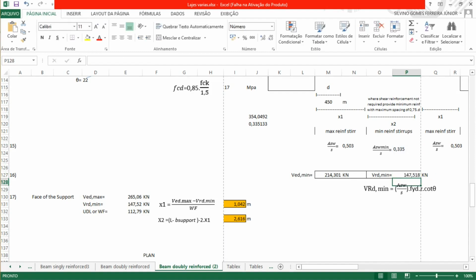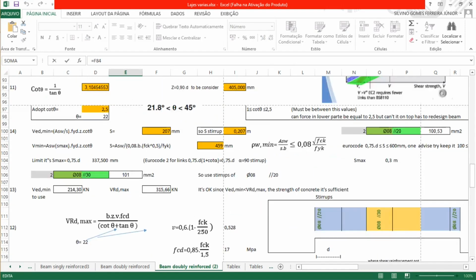kilonewtons. So now we have the VRD minimum here, and we know the VED minimum from before. Okay, at the face of the support, the VED maximum will be 265 that we calculated there at the face of the support here.